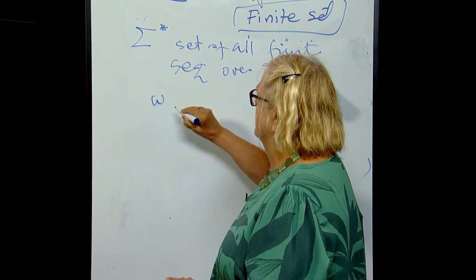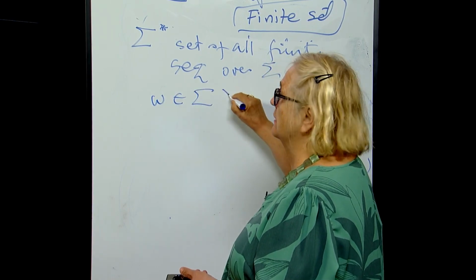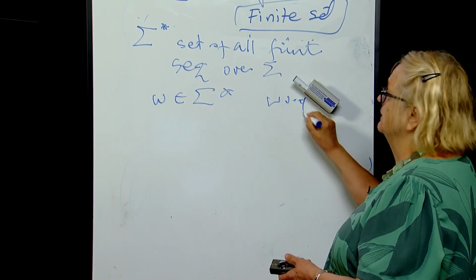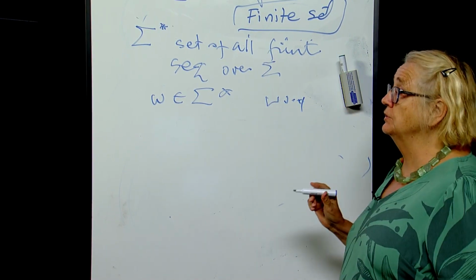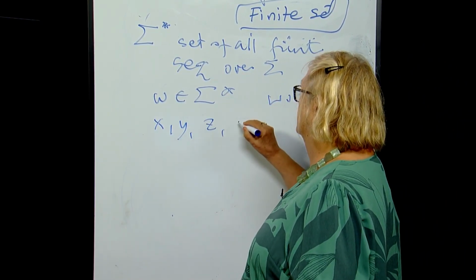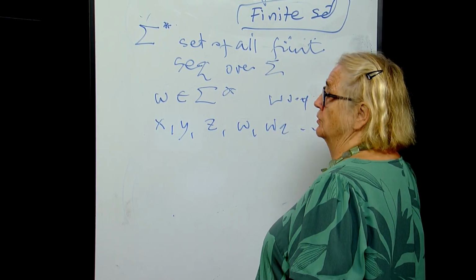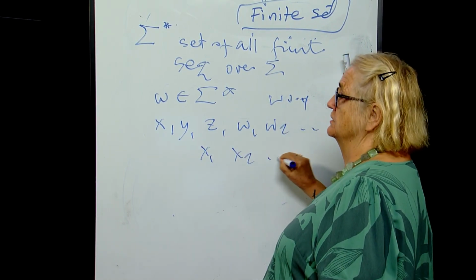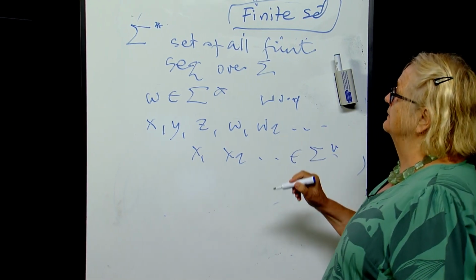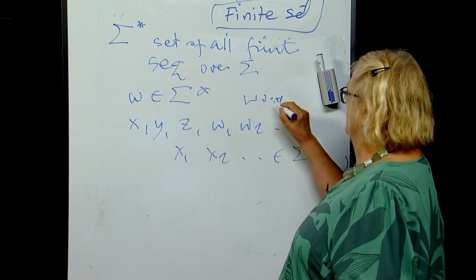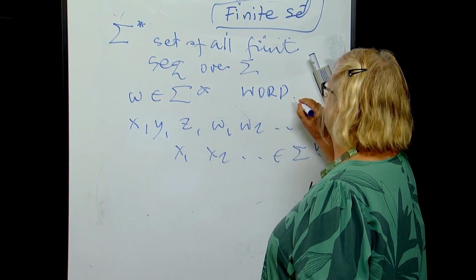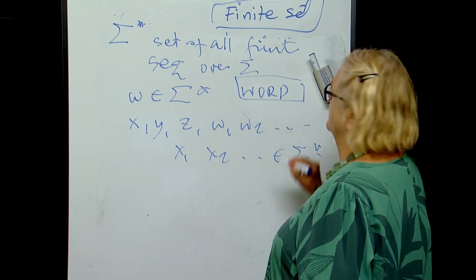So we write word in sigma star, and we denote words by x, y, z, w1, w2, x1, x2, etc., in sigma star. So these are words over sigma.